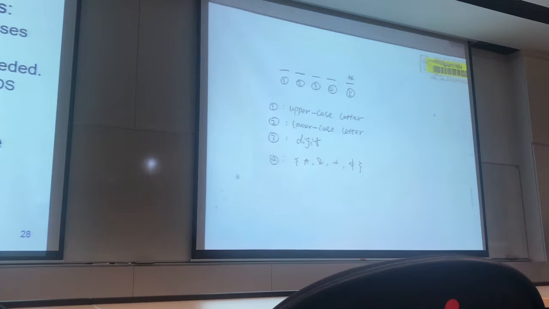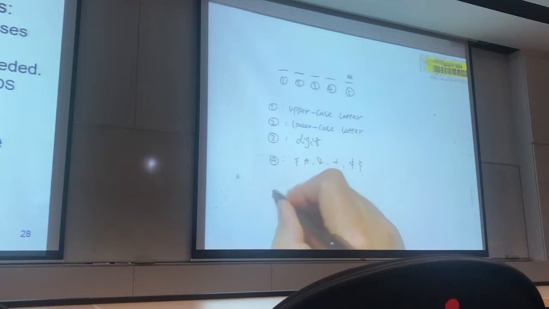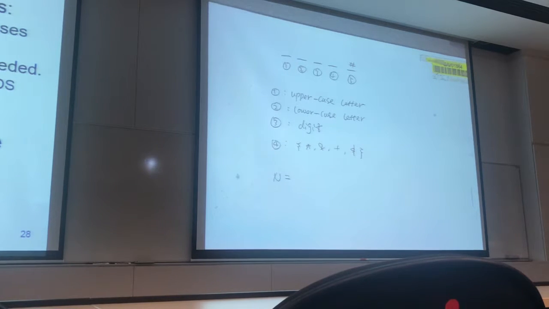Based on this format, we can determine the entropy. To determine the entropy, we can calculate n. N is the total number of possible passwords. So for the first position, for all the uppercase letters, how many possibilities? 26.